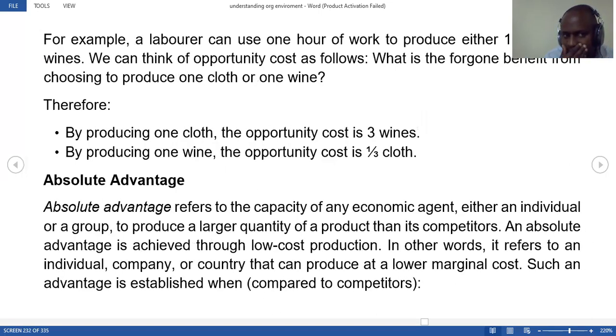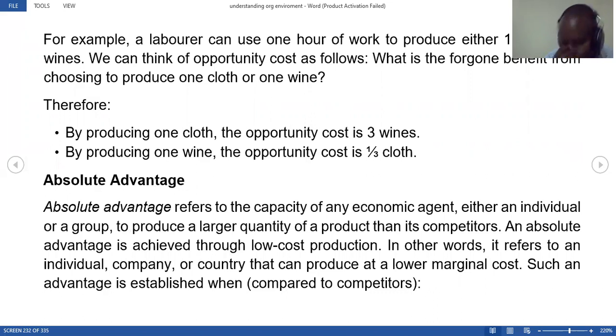There's an example there. We are saying a laborer can use 1 hour of work to produce either one cloth or 3 wines. We can think of opportunity cost as follows. What is the foregone benefit from choosing to produce 1 cloth or 1 wine? So by producing 1 cloth, the opportunity cost is 3 wines.